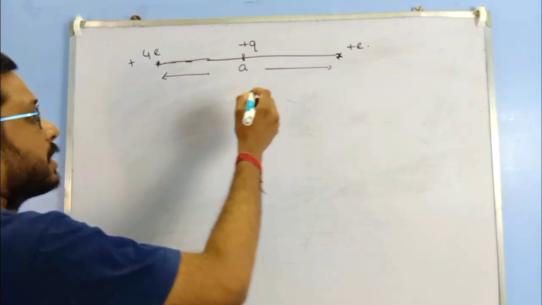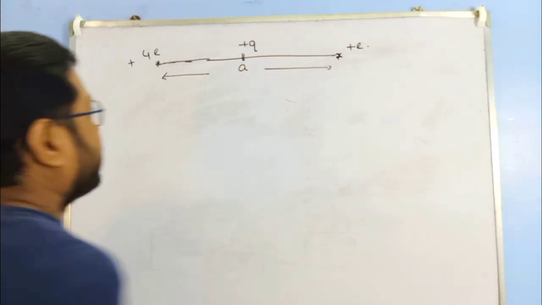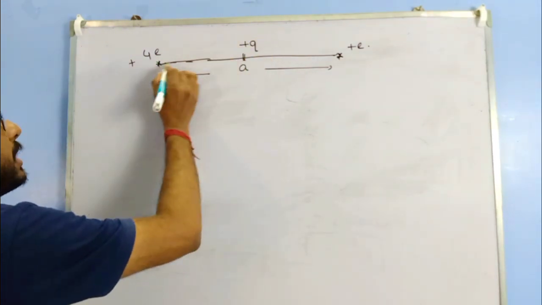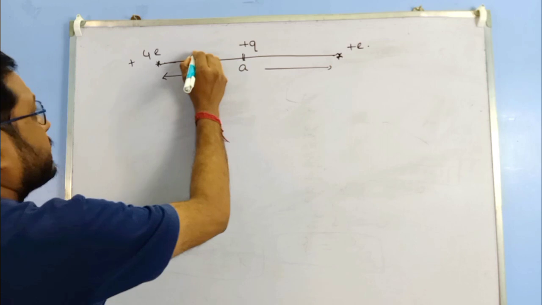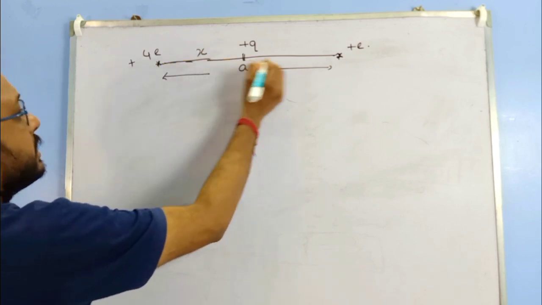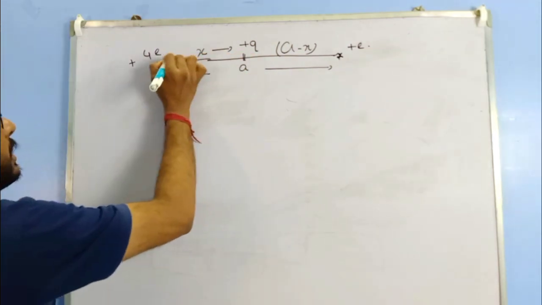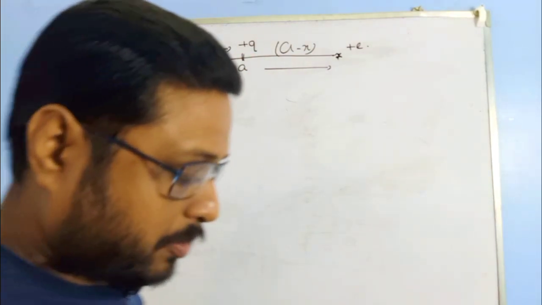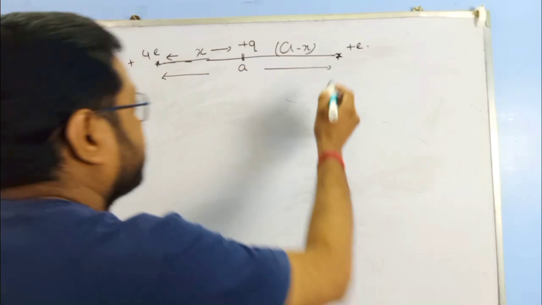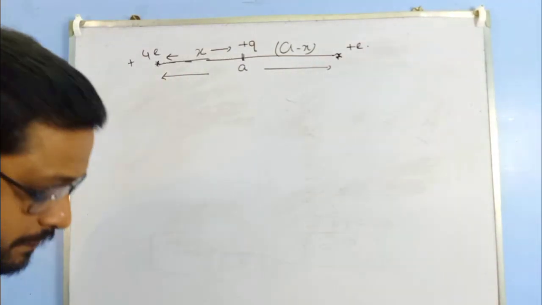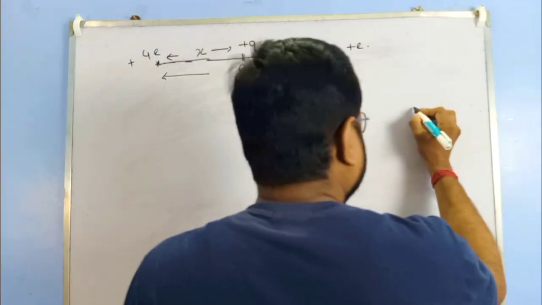For this particular problem, suppose we place the point charge Q at a distance x from the 4e charge, then it will be at a minus x distance from the other, as the total distance is a. I forgot to tell one thing: Coulomb's law is applicable for point charges only. What is a point charge?